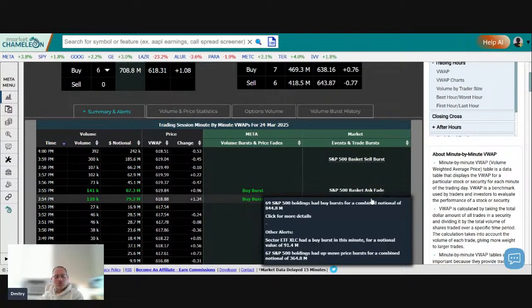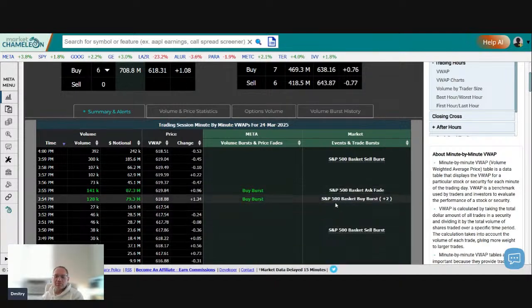Here at 354, there are actually 3 events. So you could see S&P 500. There's a big basket buy burst, meaning there was a buy burst simultaneously in multiple stocks that are part of the S&P 500. That's unusual.